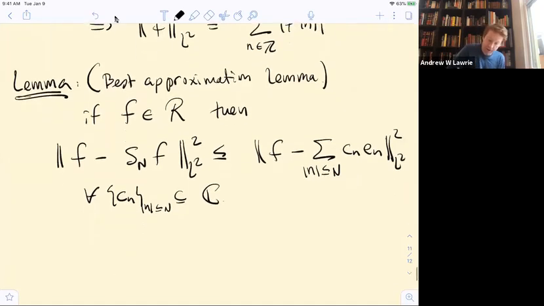And moreover, equality holds if and only if the Cn's are equal to the f hat n's.